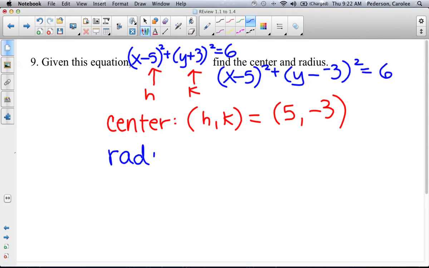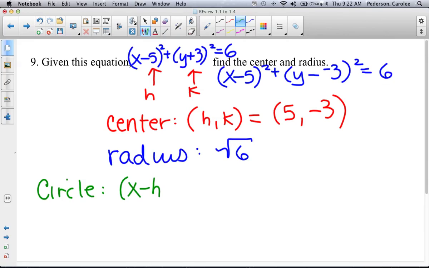Is there a formula we need to know? Yes, right there. The general or formal standard form equation for a circle is x minus h all squared plus y minus k all squared equals r squared.